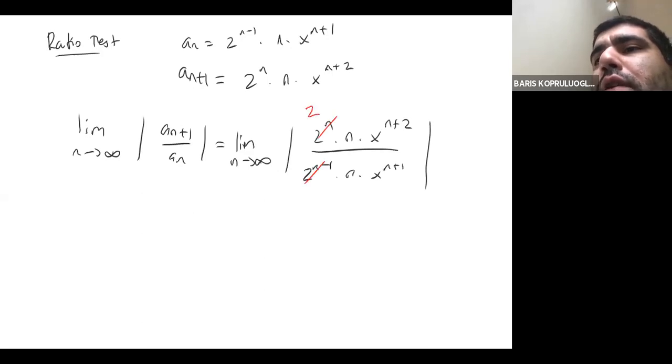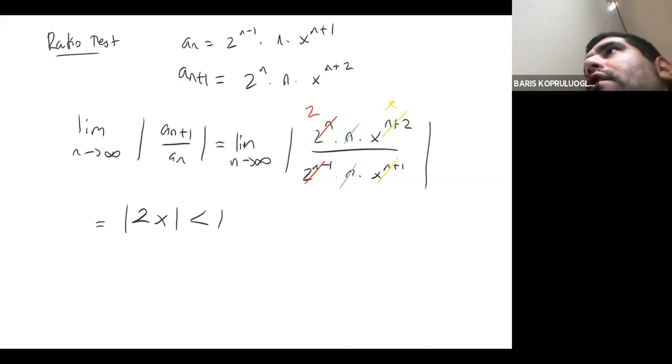The n's will be gone, and then x to the power of n plus 2 over x to the power of n plus 1 will give us x. So we'll have 2x less than 1. We're trying to find r, so I think r is going to be 1/2.